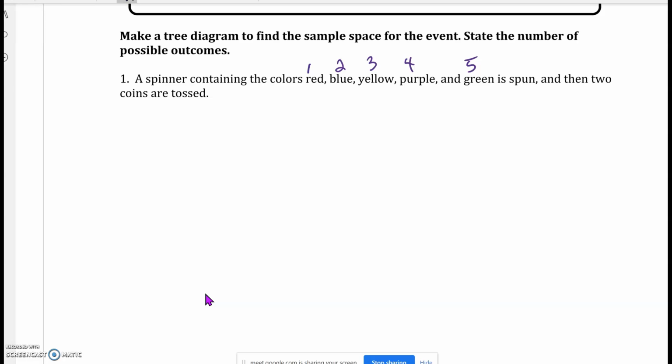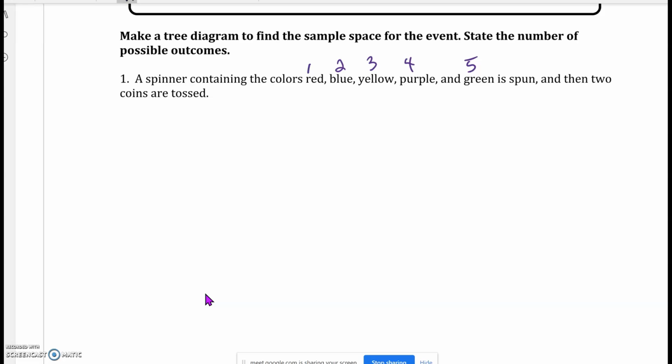All right, so we've got 5 colors that are being spun and 2 coins that are being tossed. Let's do our 2 separate sample spaces and then we'll mix both together.